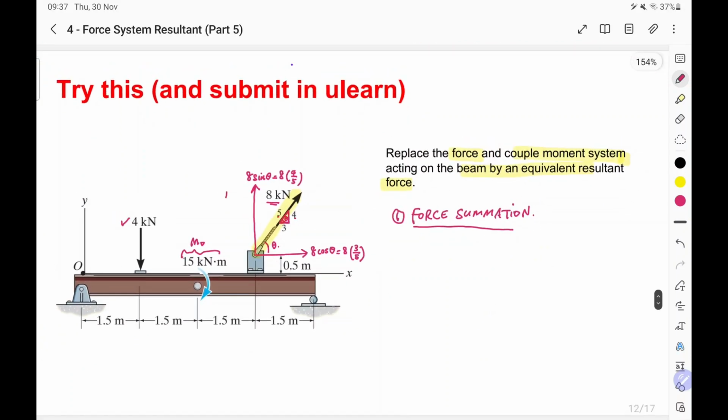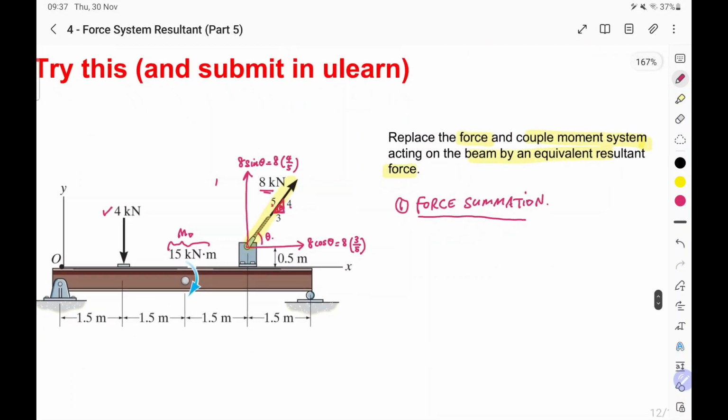In my case, I want to do in the x direction first. Assuming the rightward direction as positive, saya nak cari the resultant force in the x direction, which is equivalent to, kita tengok apa benda yang ada in the x direction. There's one over here in the x direction, magnitude dia adalah 8(3/5). So we put that into our equation, 8(3/5).